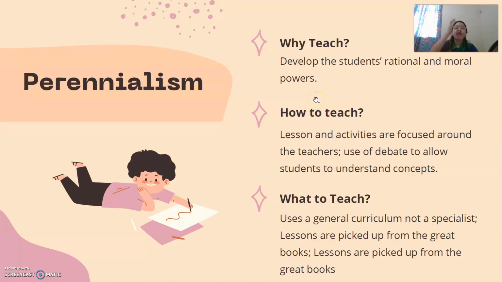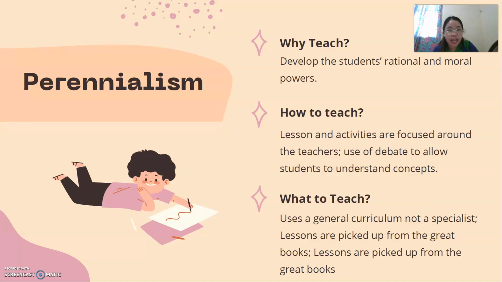So again, for perennialism, our keyword for this is the traditional method. Why traditional? Because the teacher is the sole focus of the teaching learning process. Lessons and activities are focused around the teachers, meaning to say the teachers are the ones who seek information and deliver it to the child.